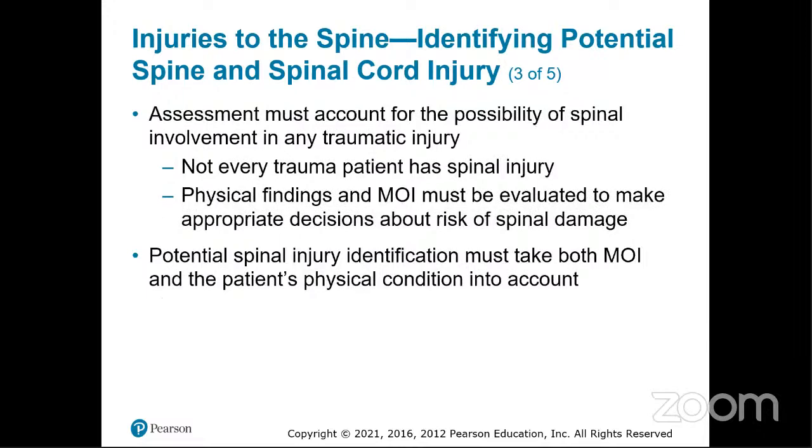Assessments must account for the possibility of spinal injury in any traumatic injury. Not every trauma patient has a spinal injury. 99% of them don't. Physical findings and MOI. What's MOI? Mechanism of injury. Perfect. That is what we're going to have to take into effect with this. And then the patient's physical condition is also taken into account.